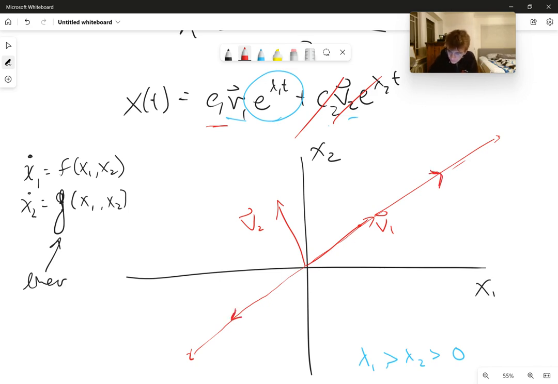My solutions will be, remember that v1 is a vector, some c1 v1, c2 v2, and then they're just going to grow exponentially by this multiplier e to the lambda 1 t.